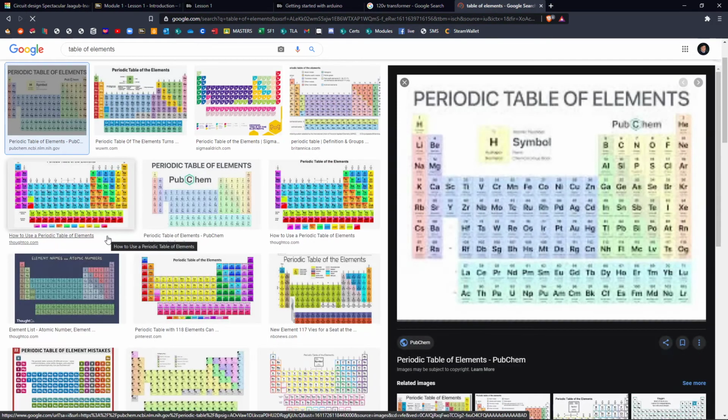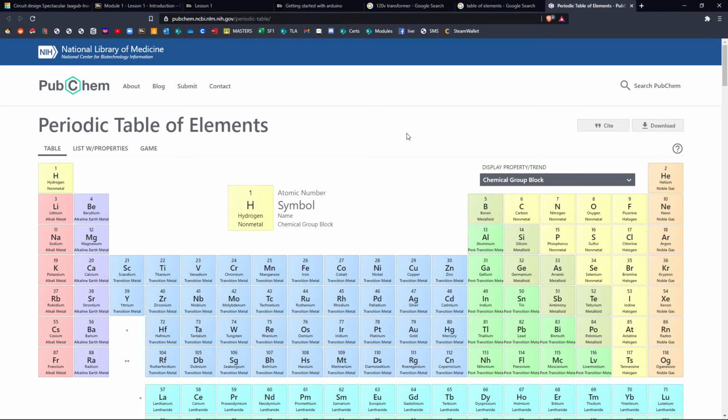Aware pa ba kayo sa valences ng ano ng table nyo? Have you already learned about this? Somewhat. Somewhat lang. Opo. So going back here, tignan natin si silicon. Saan si silicon dyan? Nasa number 14 si silicon, right? Yes, sir. So, how many free electrons do you think silicon can offer?